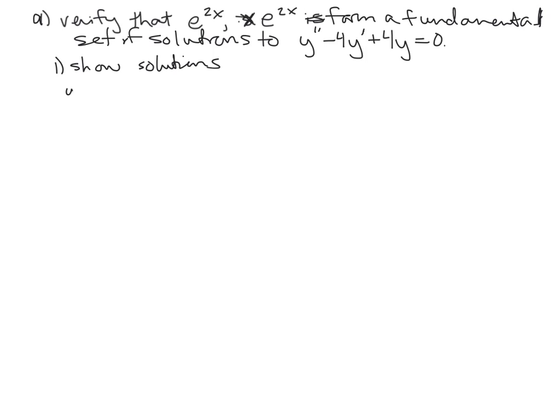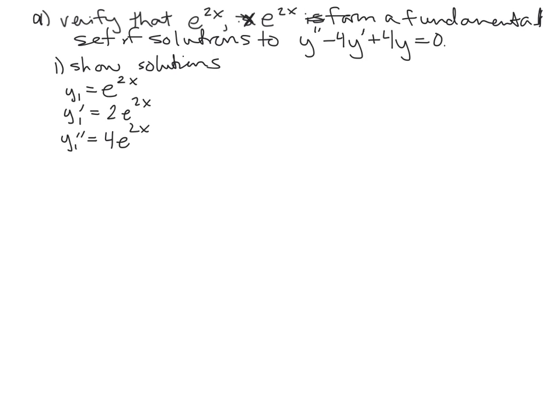So when y1 is e to the 2x, we're going to need its first derivative, which would be 2e to the 2x, and its second derivative to plug into that differential equation, which would be 4e to the 2x.